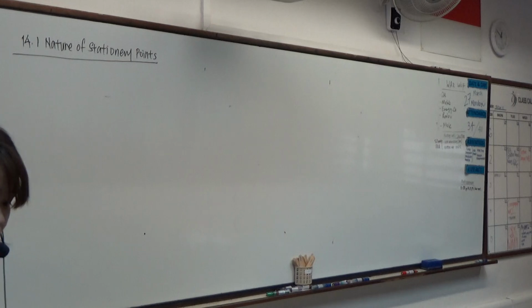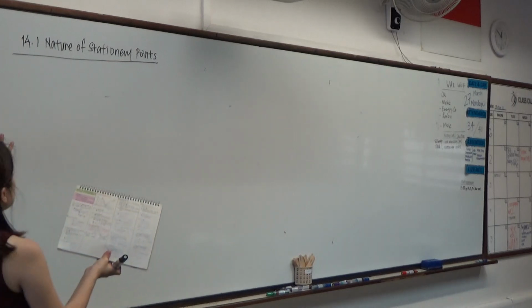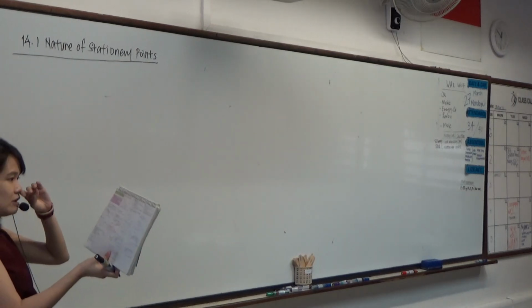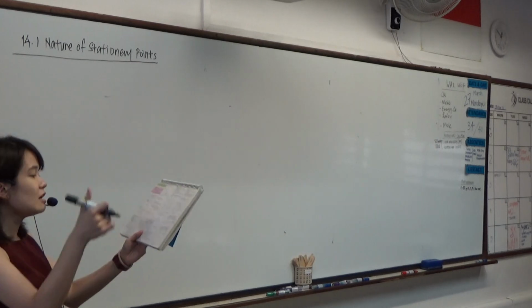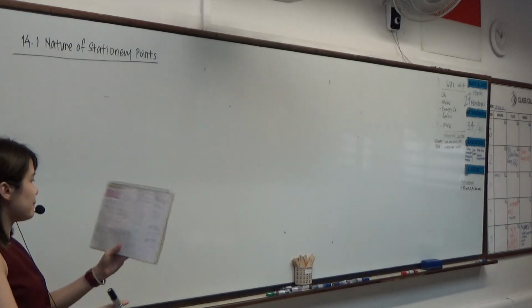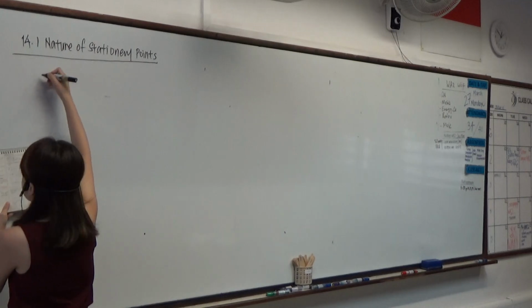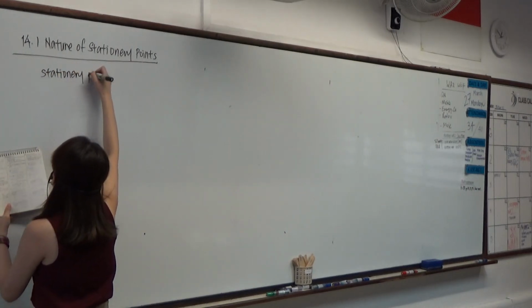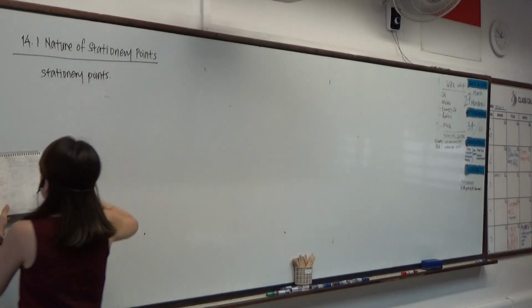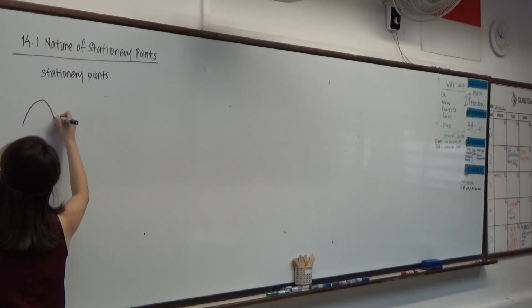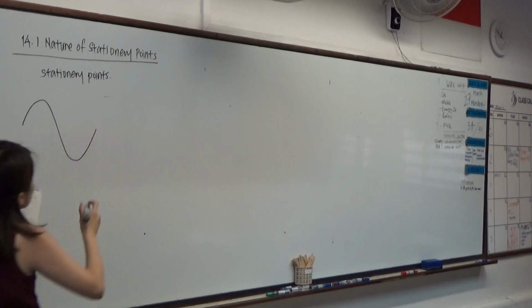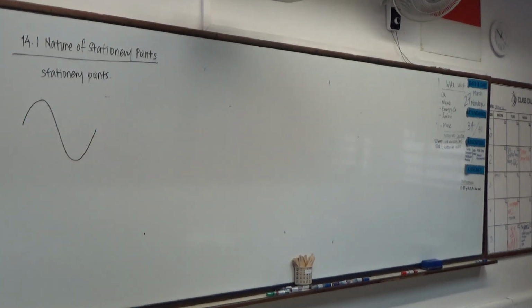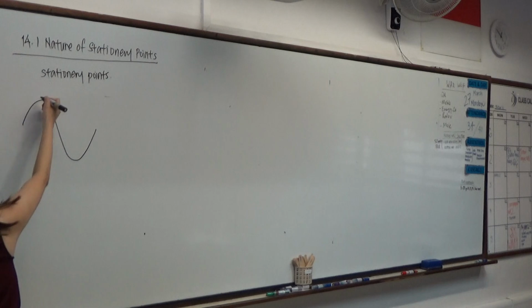Okay, now, chapter 14, nature of stationary points. First of all, we need to understand what stationary points are. We have actually touched upon it before, just that we didn't give a name to it.